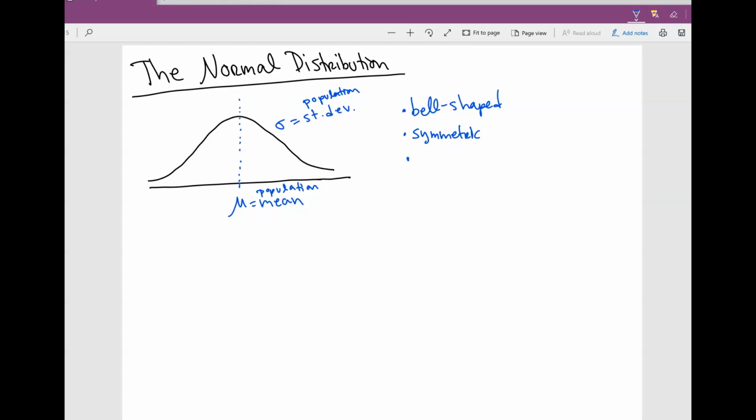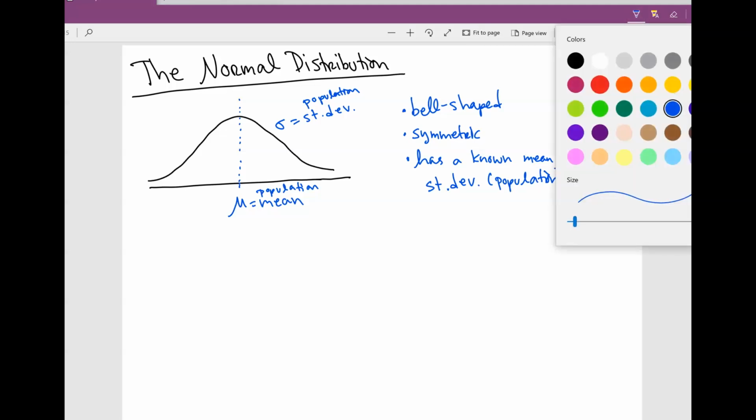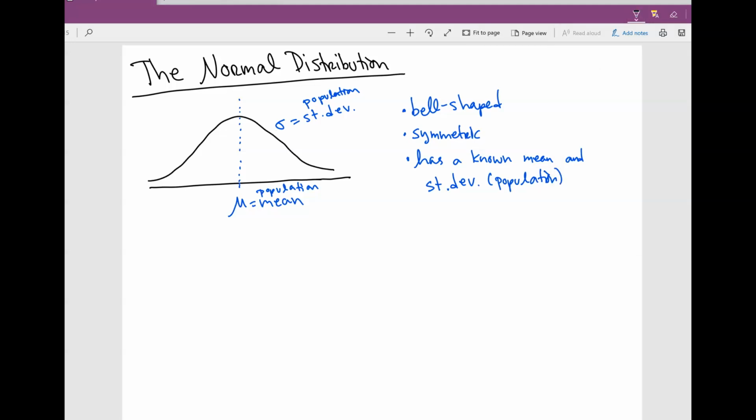Also, something else about this is that it has a known mean and standard deviation. So we know what those are, and this is in terms of the population. Whenever you see a problem, these two numbers, the sigma and the mu, are always going to be given to you.